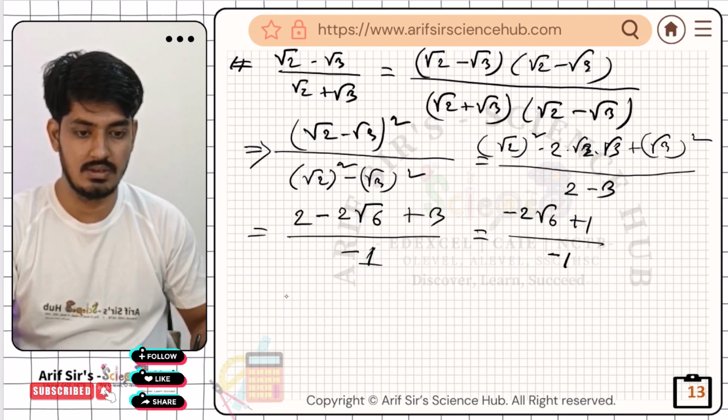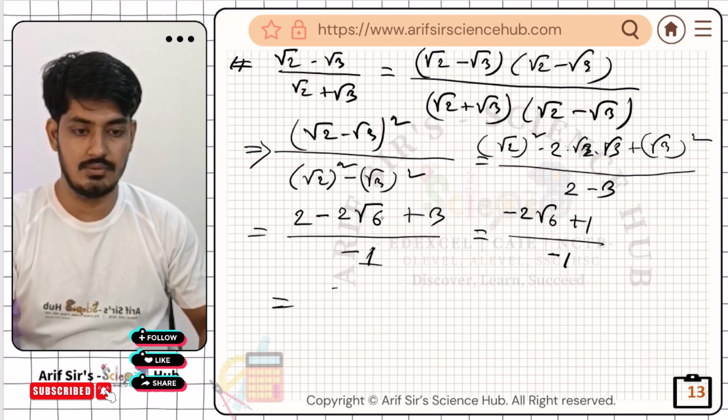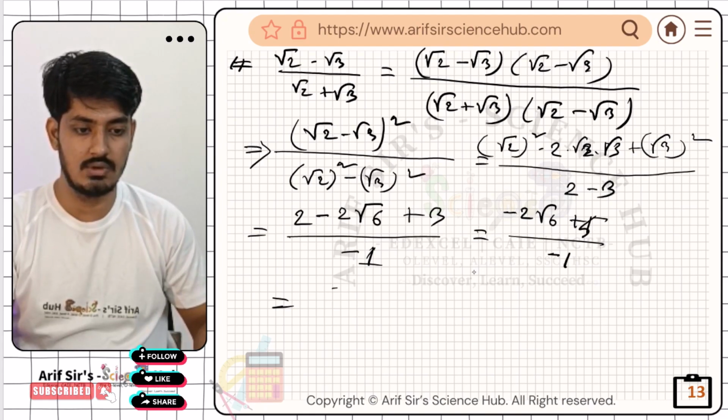We can make this minus 1 common. That means, oops, here it should be 5, not 1. We can make this minus common.